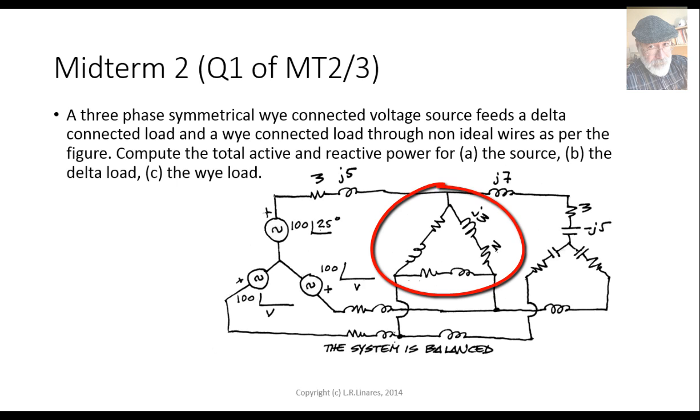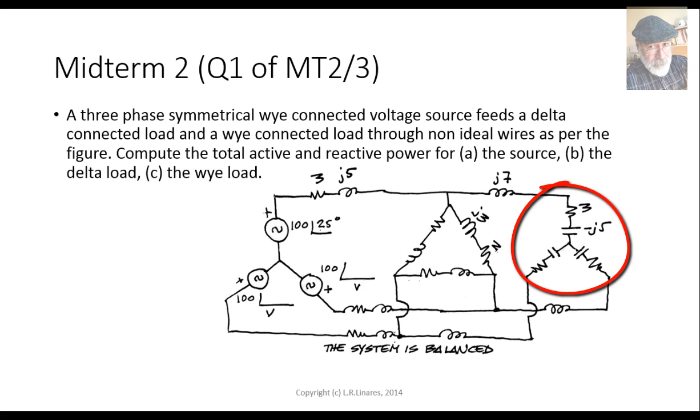That source is feeding a delta connected load, this one, and the Y connected load, the one on the right, through non-ideal wires as per the figure. Compute the total active power and reactive power, A, for the source, B, for the delta load, and C, for the Y connected load. Let's proceed.